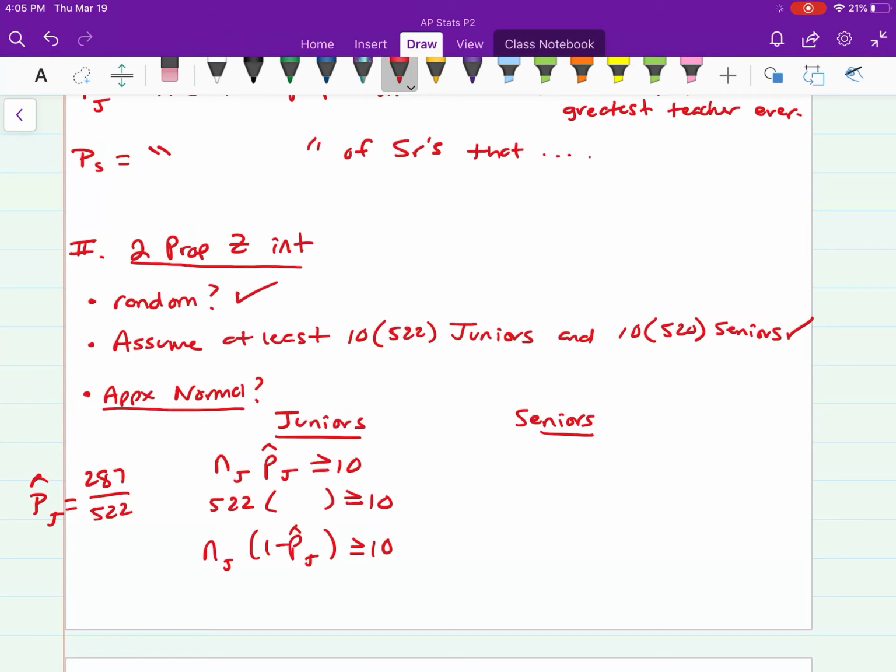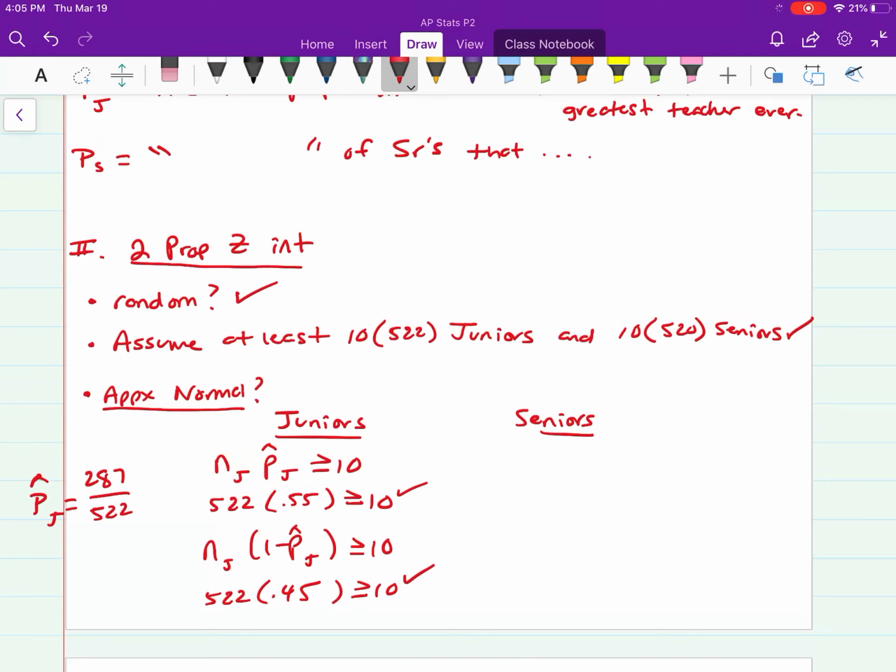So 287 out of 522 comes out to be around 55%, so 0.55, and that's greater than or equal to 10. So then that means 522 times 1 minus 0.55, which is 0.45, has to be greater than or equal to 10, and it is.